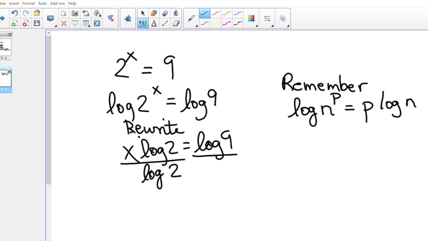Now to solve for x, we would divide by the log of 2. What you do to one side of the equal sign, you must do to the other side. Here's where the calculator is used. On your calculator, there is a button with the word log. Push log; if it's like mine, it's going to open a parenthesis, and inside of that parenthesis you would write 9.